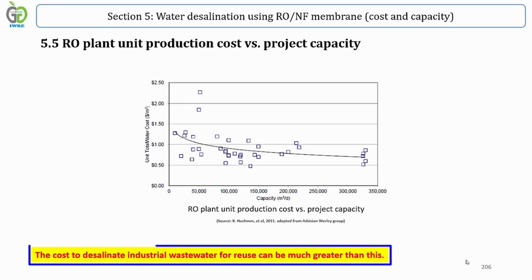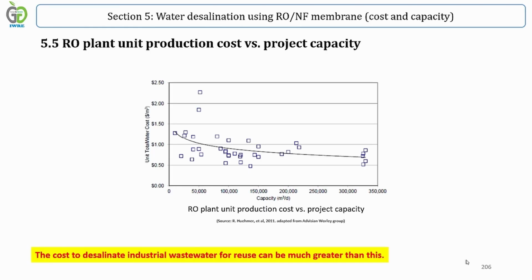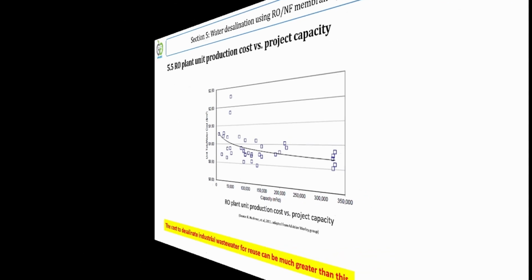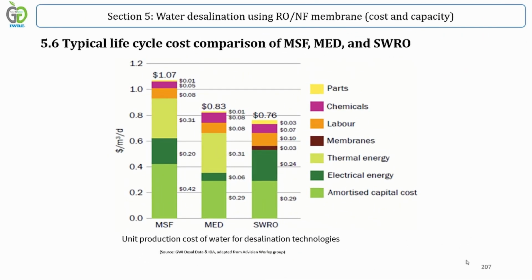The cost to desalinate industrial wastewater for reuse can be much greater than this. This figure also shows a typical life cycle cost comparison of multi-stage flash desalination, or MSF, multiple effect desalination, MED, and seawater reverse osmosis to produce 1 cubic meter of water per day.